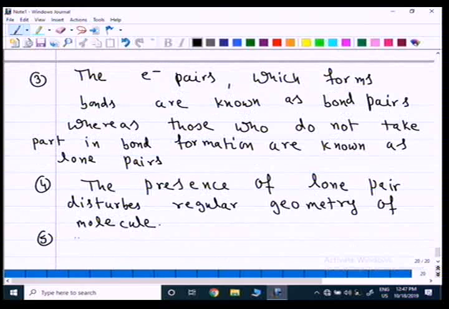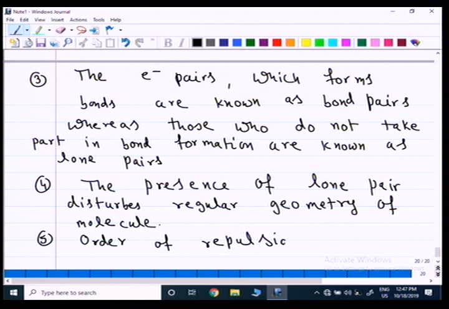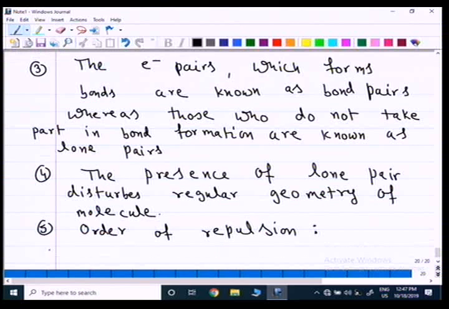Next, order of repulsion: lone pair-lone pair, lone pair-bond pair. Guys, LP means lone pair, BP means bond pair, and then least between bond pairs.